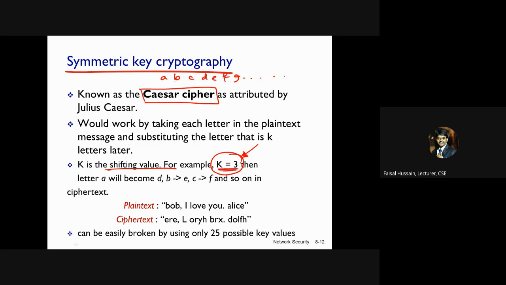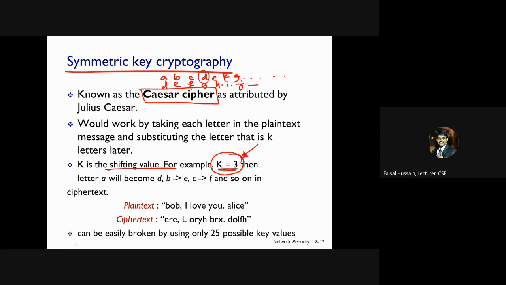So you write it shifted by three elements. A will be replaced by D, B will be replaced by E, then F, and so on, G, H, I, J. In this way it will go on, so it is easier to find the substitution later.